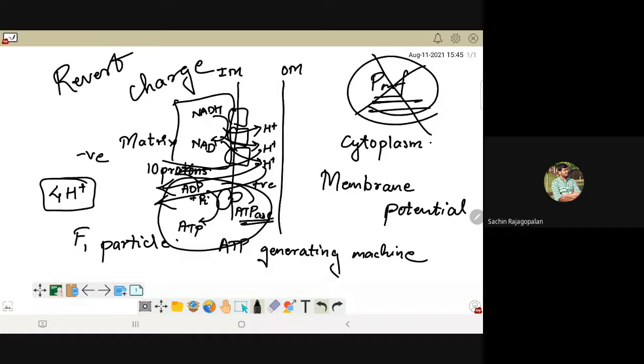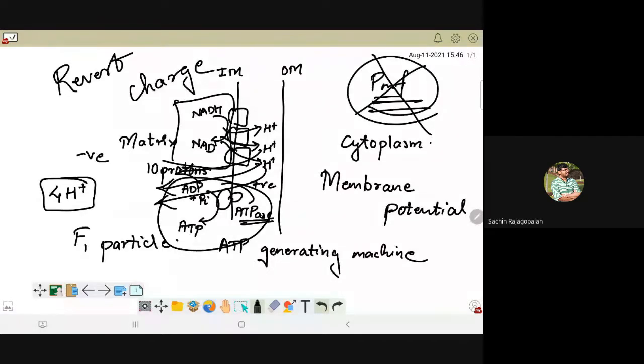Now, in this crossing business, it cannot go by itself into the matrix. NADH is not permitted to cross the membrane and go inside the mitochondria. So it has to depend on a shuttle system. It is like I have to send a parcel, but I cannot get inside the society, so I give that parcel to the watchman.